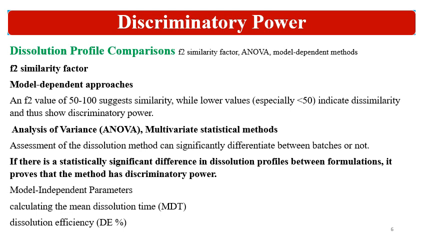And if there is a statistically significant difference in the dissolution profiles between formulations, it proves that the method has discriminatory power. You can use model independent parameters. You can calculate the mean dissolution time, that is MDT. You can test the dissolution efficiency, and then you can provide the proof that the dissolution method has the discriminatory power.